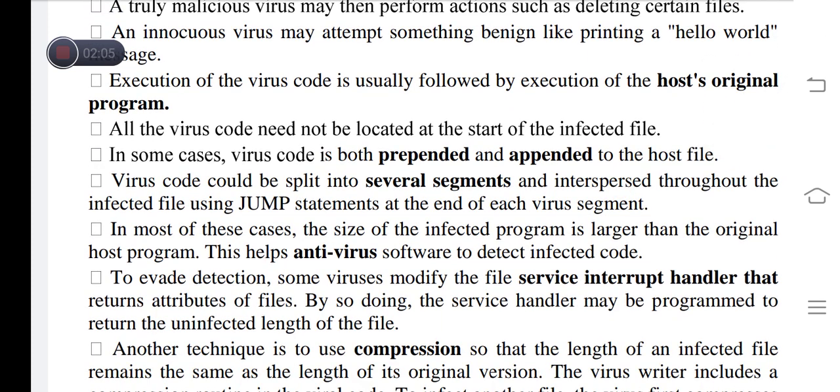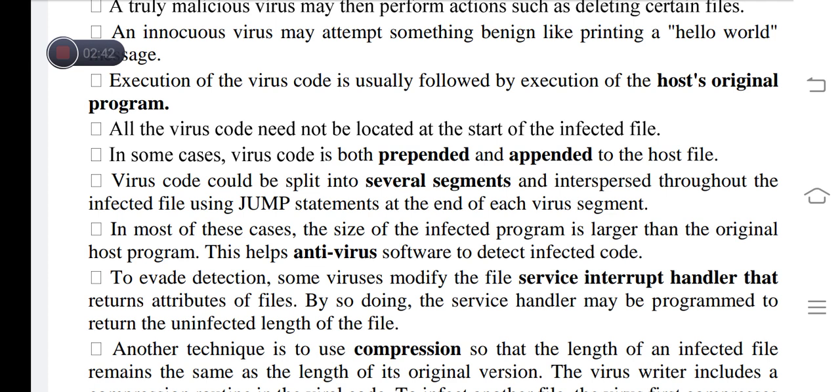Again, the virus code need not be located at the start of the infected file, and the virus code may be both prepended and appended to the host file. Okay, so in the host file, the virus code could be split into several segments and interspersed throughout the infected file using jump statements at the end of each virus segment. That is, it can be distributed across the host file.